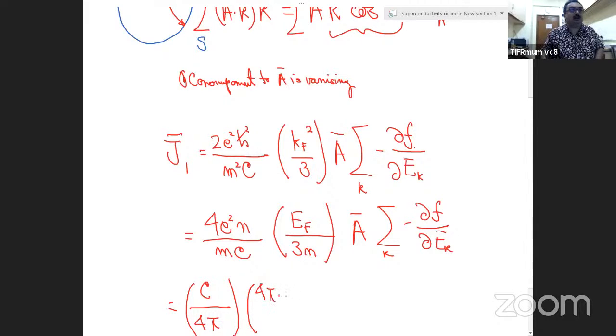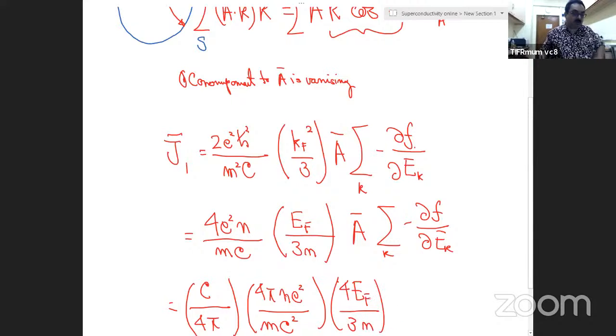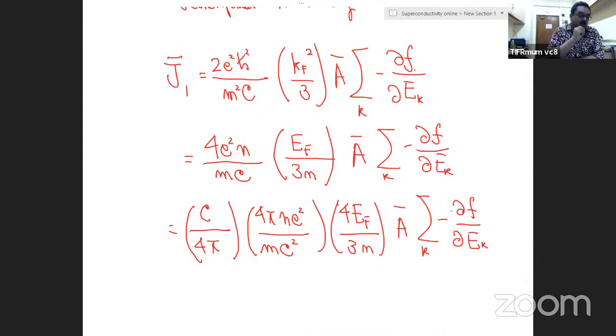So 4 pi n e square by m c square, and then this becomes 4 EF by 3n, n is the electron density, and then I have... All right.